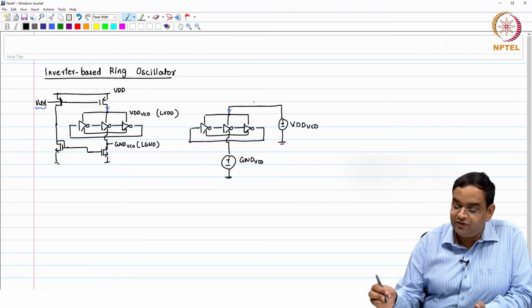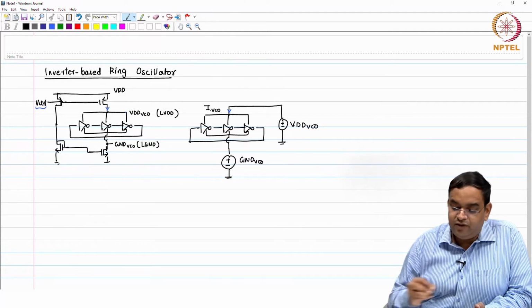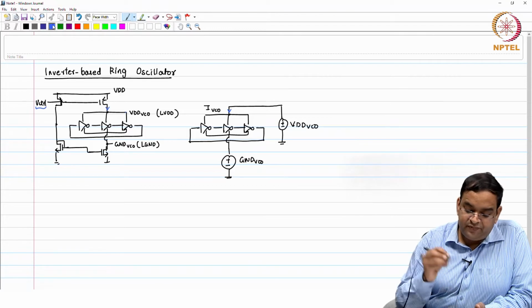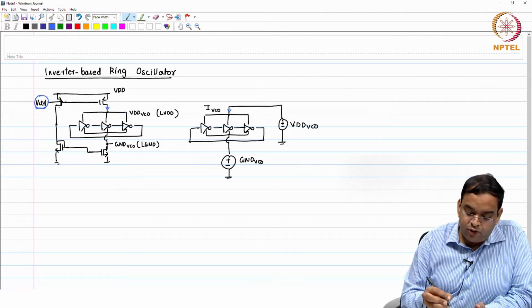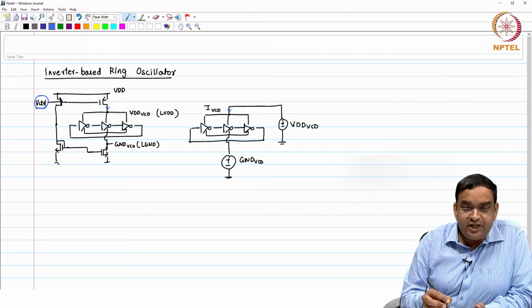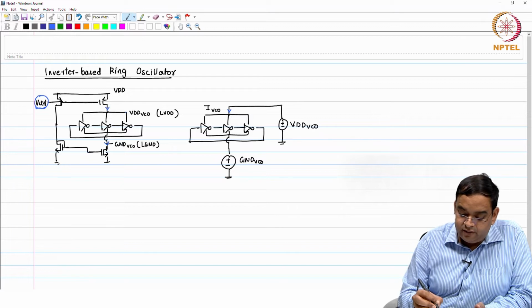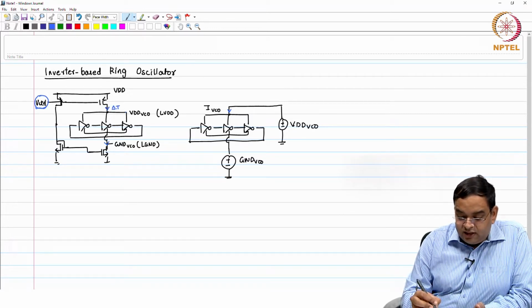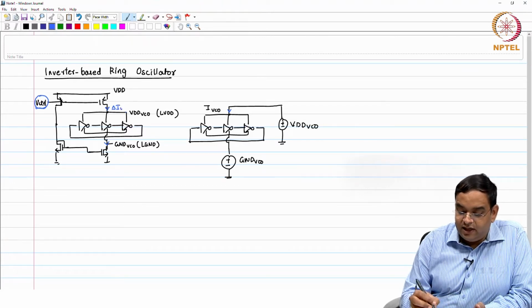The output frequency is going to be the same. I call this I VCO. The only difference is that in one case you are controlling V control, and because of the change in V control you change the current here. I call this change in the current delta I VCO.